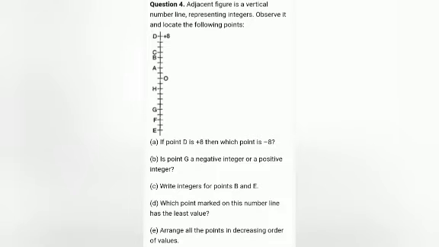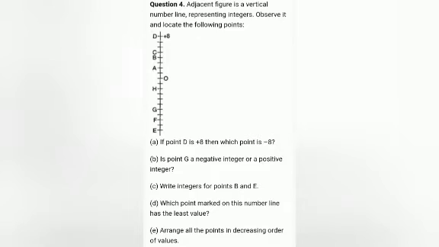It is in vertical form, and we will have to see the number line and answer a few questions. The first question: if point D is plus 8, which point is minus 8? You see from 0 to 8 there are 8 divisions. D is marked with plus 8.